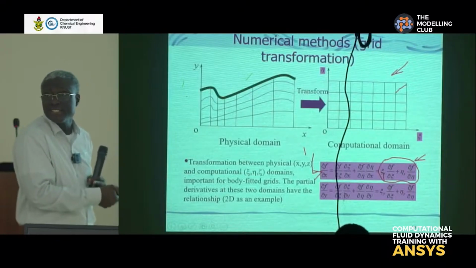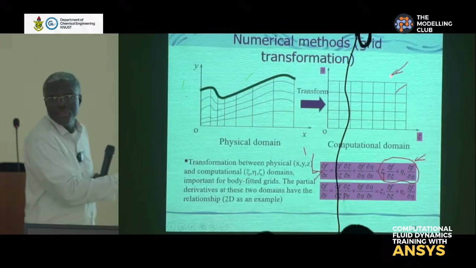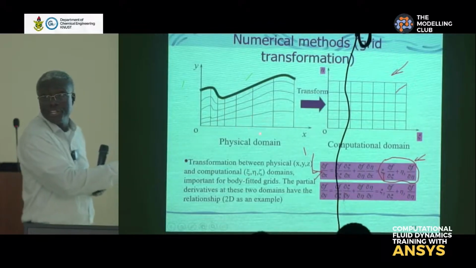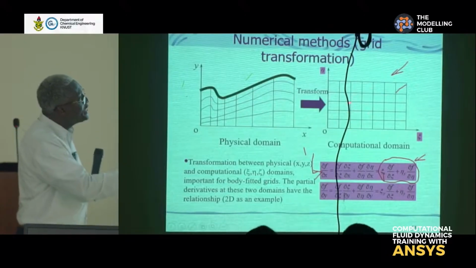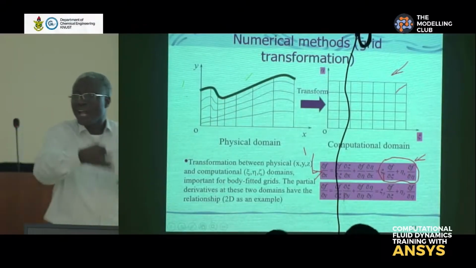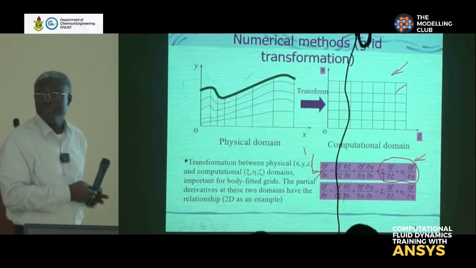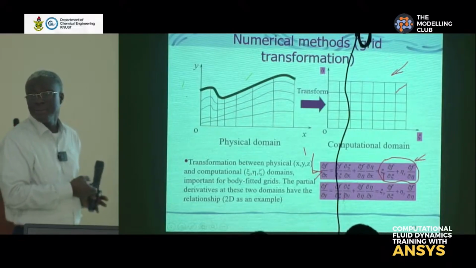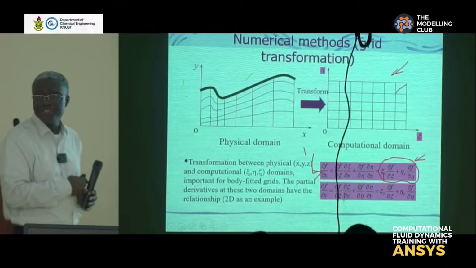And the answer is yes, because once you obtain the result in this domain, you have to transfer back to your original domain. Every point in here will map into a point over here. And of course, the numerical accuracy basically depends on how well you do this mapping. But the results from here can be mapped back into your actual physical domain.